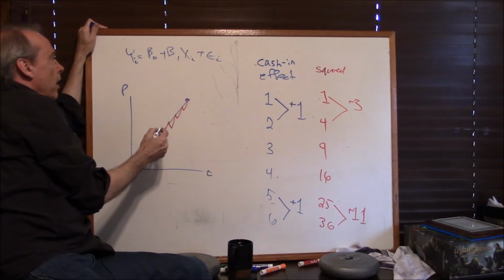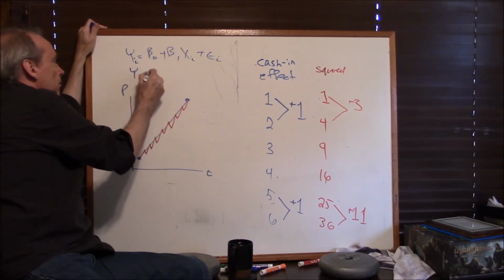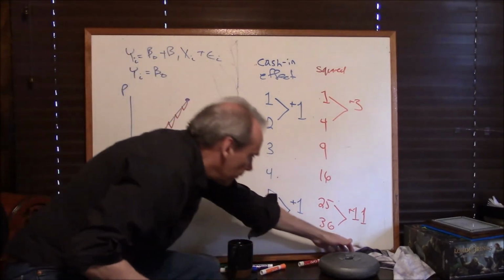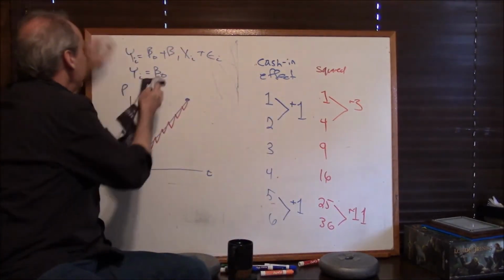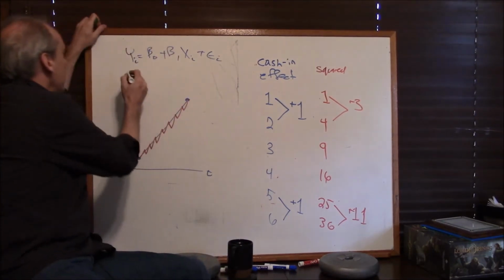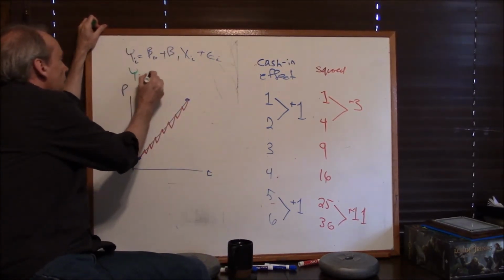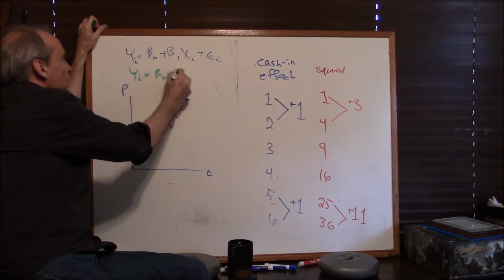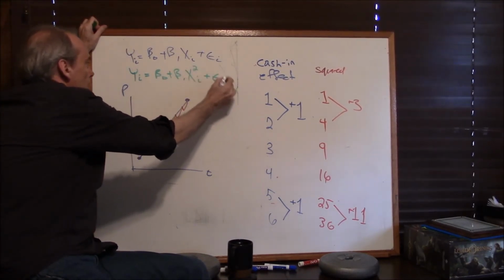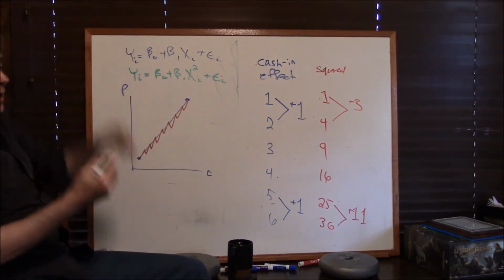Don't estimate that, estimate this. Let me write in a different color. Okay, green. Y sub i equals beta sub 0 plus beta sub 1 x sub i squared. Estimate that instead, all right?